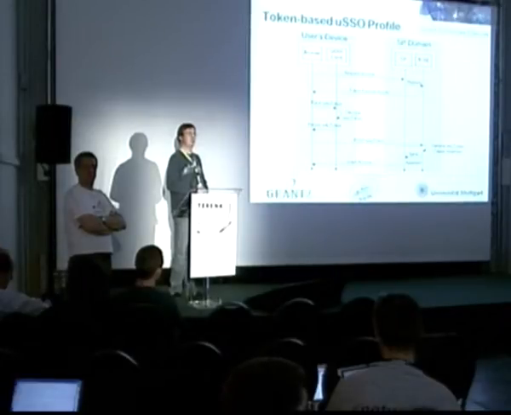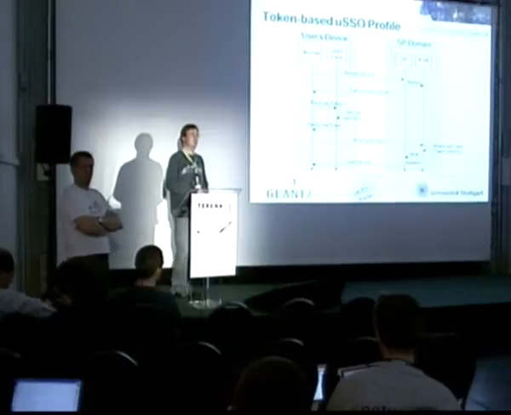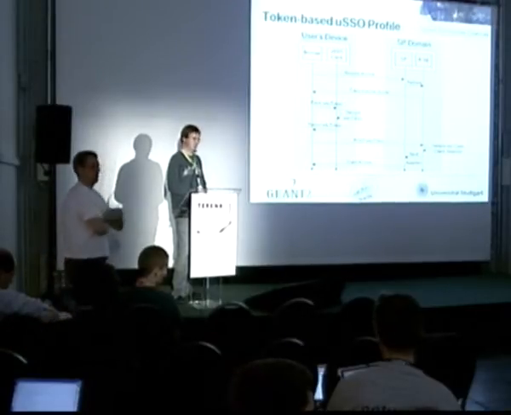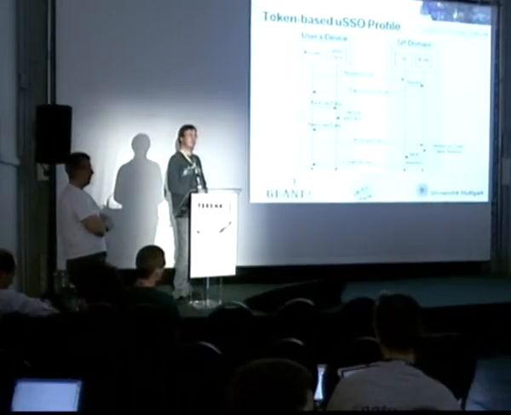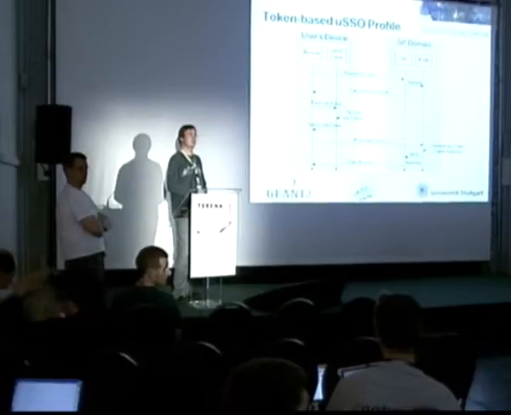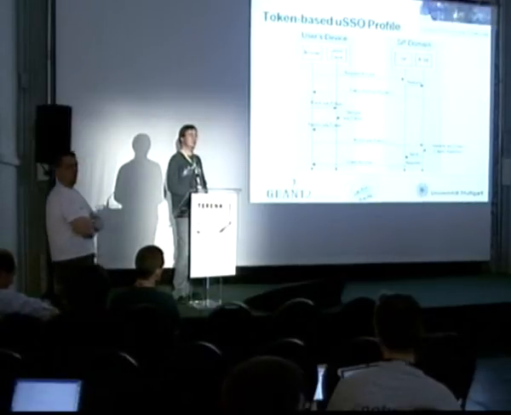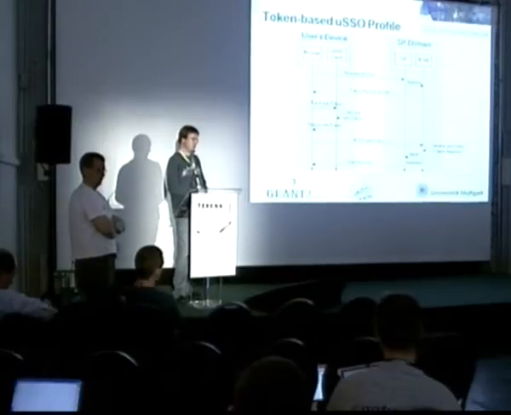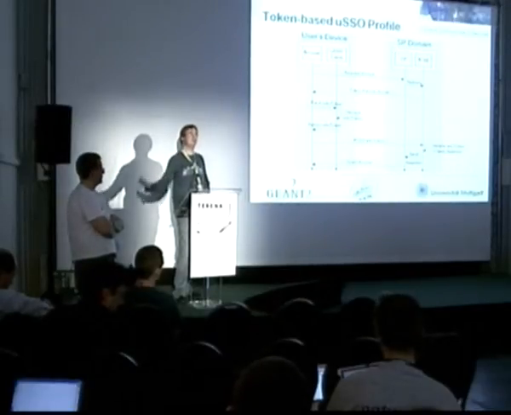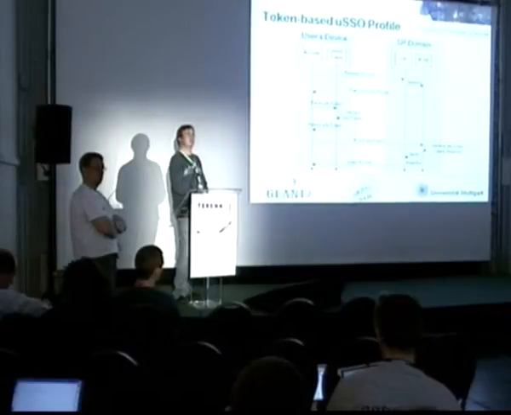So they're going to be in the token? This would probably lead to the natural question, where is the filtering going to take place? Which kind of attribute filtering? You mean the attribute release policy? Something like that. And the targeted IDs? You can have the attribute release policy at your home domain before you get the token.